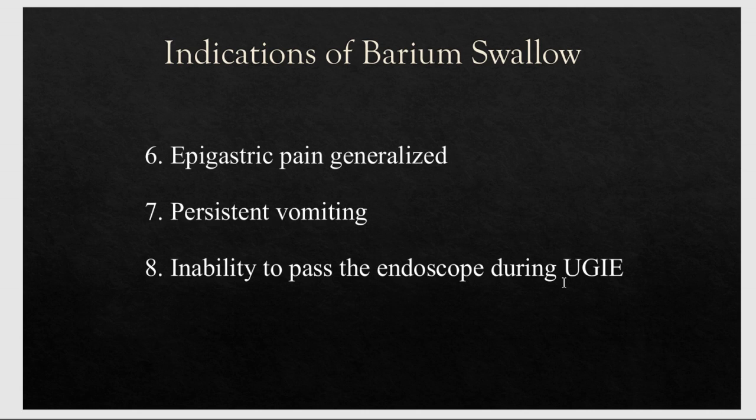To rule that out, this barium swallow is required. So any patient presenting with generalized epigastric pain without any obvious cause, this is one of the investigations available for assessment.